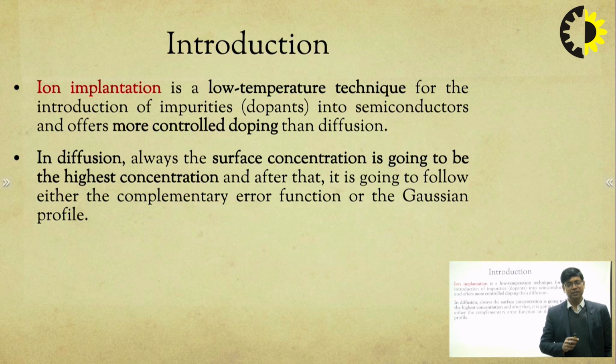In diffusion, we know that the surface concentration is always the highest, because it is a high temperature process and the dopants diffuse from the higher concentration region to the lower concentration region. But ion implantation is a low temperature process and it is not diffusion, so it is not always the case that the surface concentration is the highest.